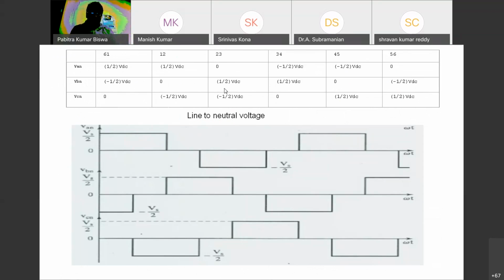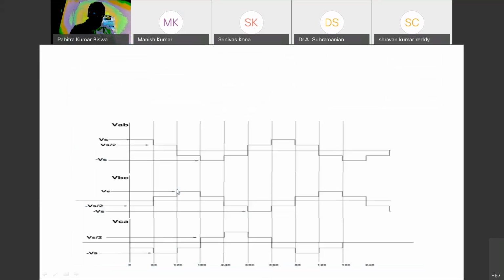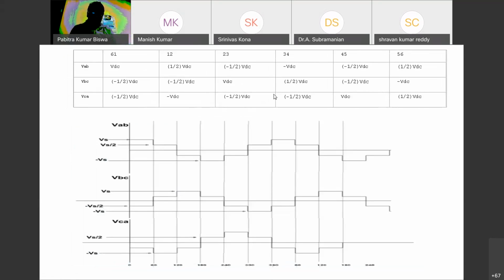This is the line to neutral voltage, and this is the waveform I am drawing in the same way. This is the line voltage I have found, and this is the line voltage waveform.